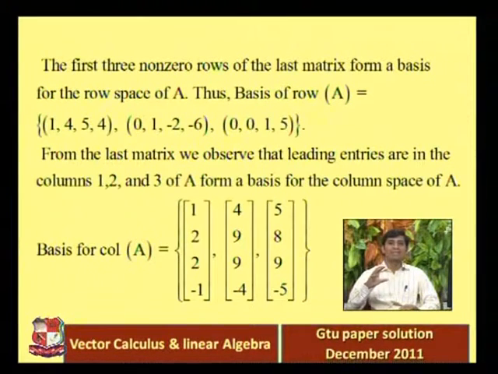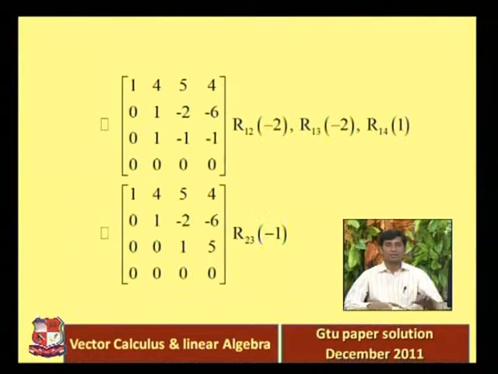To find the basis for the row space, what do we have to do? This is our row echelon form matrix, you can see on the screen, the last matrix. Now in that row echelon form, in which rows do we have a leading entry? First row, second row, and third row have leading entries. Fourth row is a zero row.